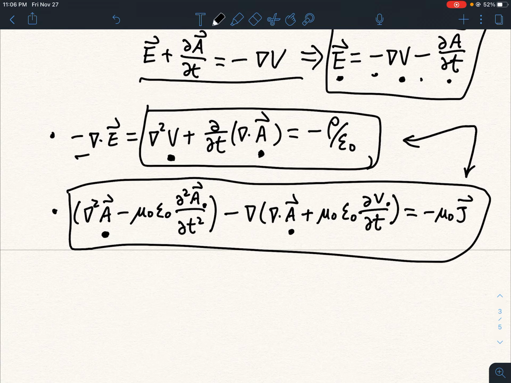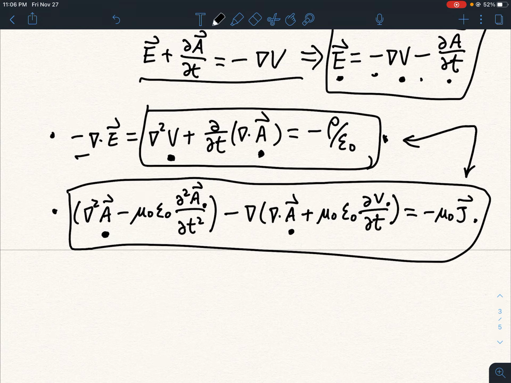In other words, these two equations that I showed here really contain all the information in Maxwell's equations, but in a slightly strange way. They are also Maxwell's equations, just written in a different way.